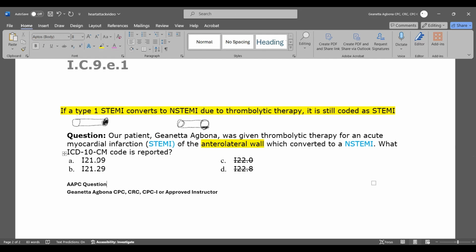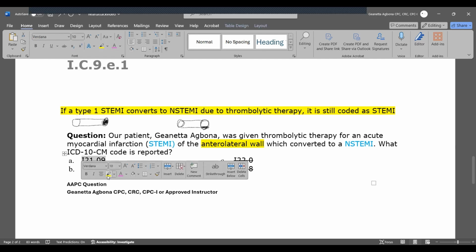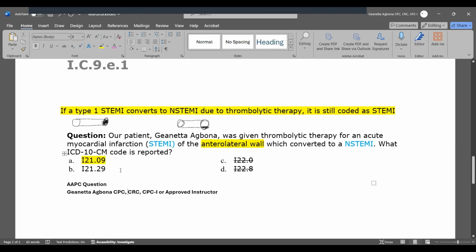I21.0 is for the anterior wall of the heart, while I21.2 is for other sites. So if you decided that your answer should be A, great job. And if you did not get this answer, please take a moment, pause this video, look at it in your coding manual, and make it make sense to you.